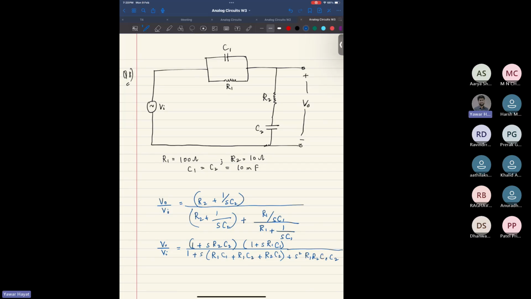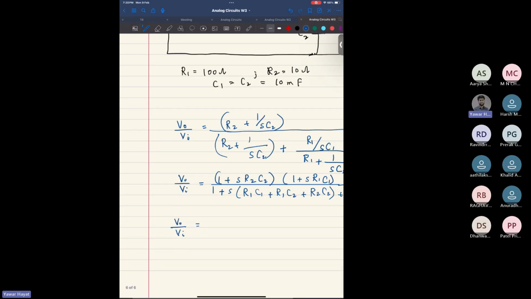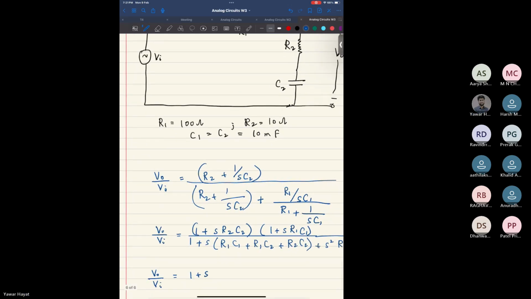Now if you substitute these values, V output by V input would be 1 plus S, right? Because 10 milli is 0.1, 0.1 times 10 is 1. So this would be 1 plus s. Similarly, this is 1 plus s by 10.